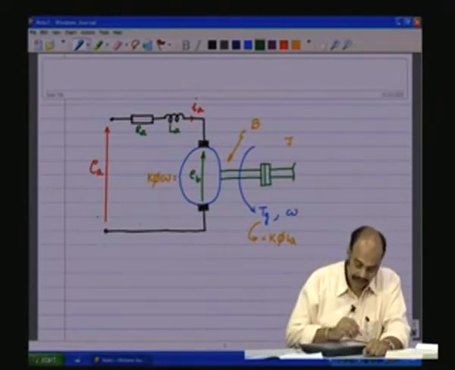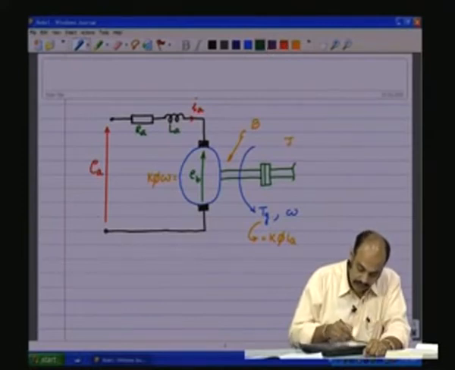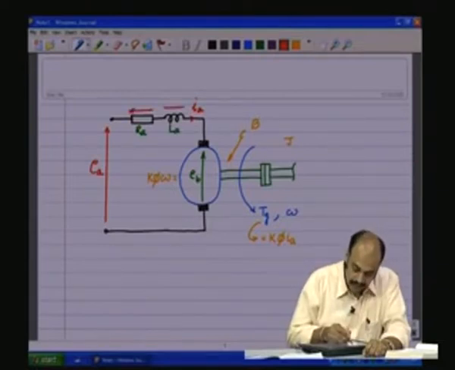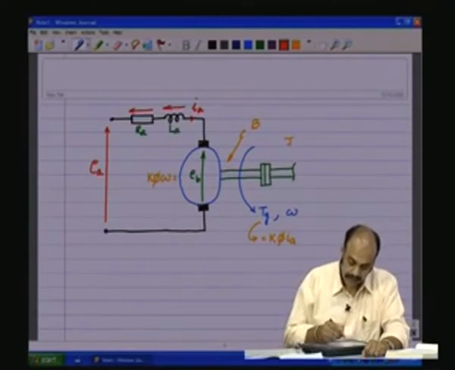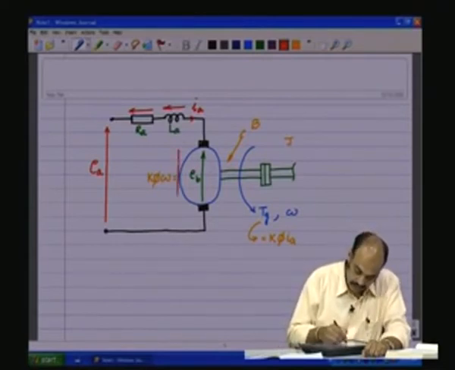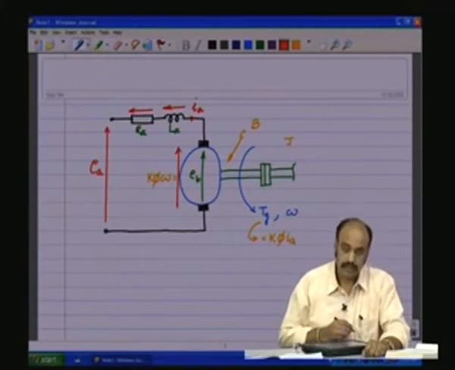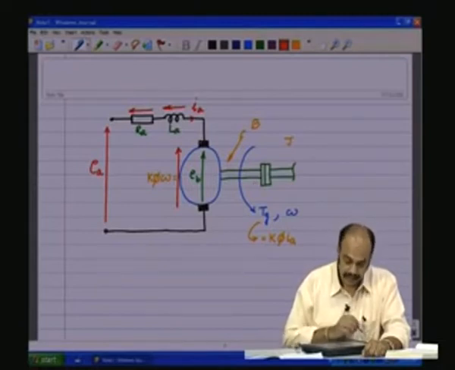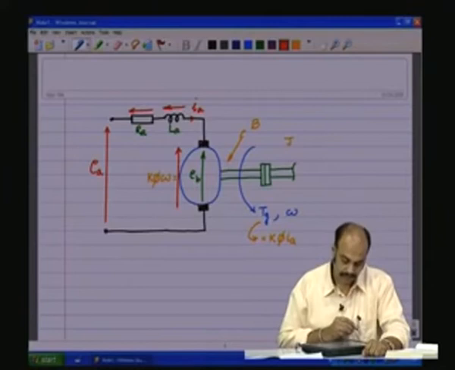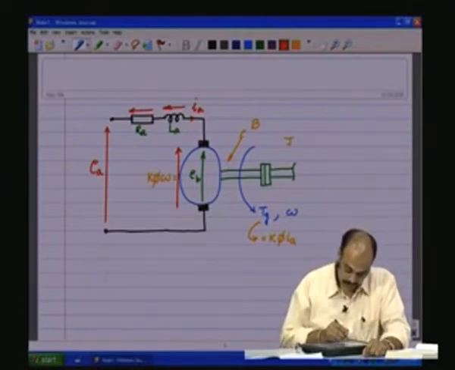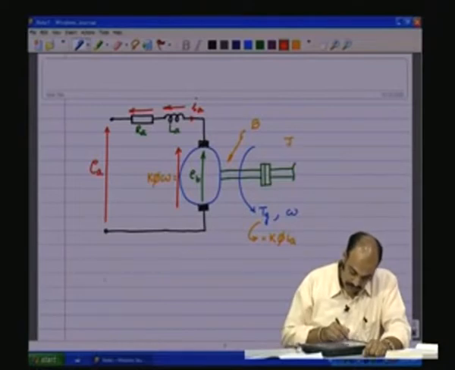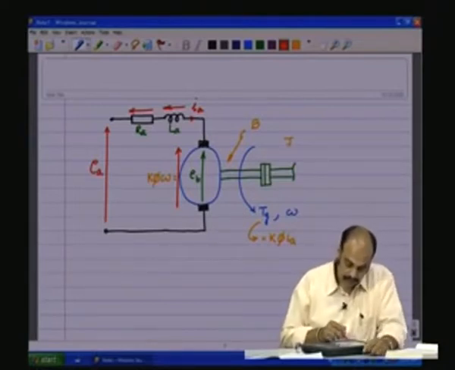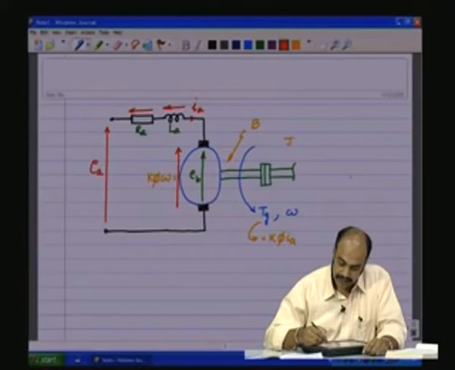You see that the applied voltage is EA, there is a voltage drop across RA, there will be a drop across the LA inductor, and then of course, there is a drop that gets developed across the brushes because of the rotation of the armature, that is the generated EMF or the back EMF, and that is called EB. So, we can apply Kirchhoff's voltage law in this electrical area.